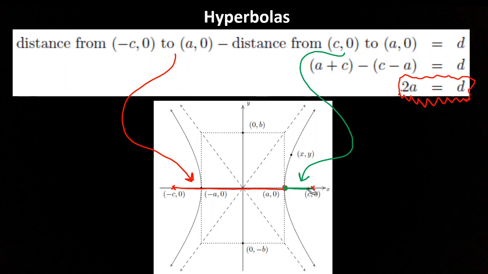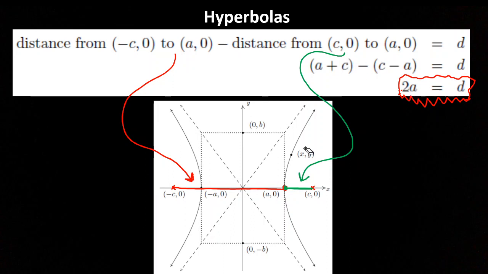And the green distance would be that distance here, which is C, minus that, which is A. So it's C minus A, right? That's the green one. And if you subtract them, these two get canceled, so we get A plus A, which is 2A. So that constant we're looking for is 2A.